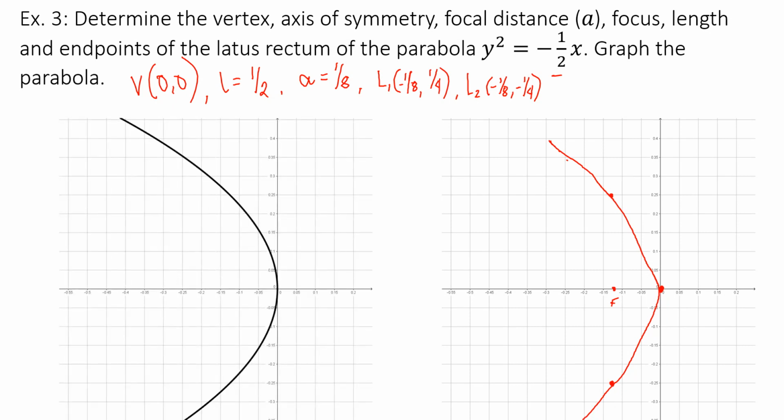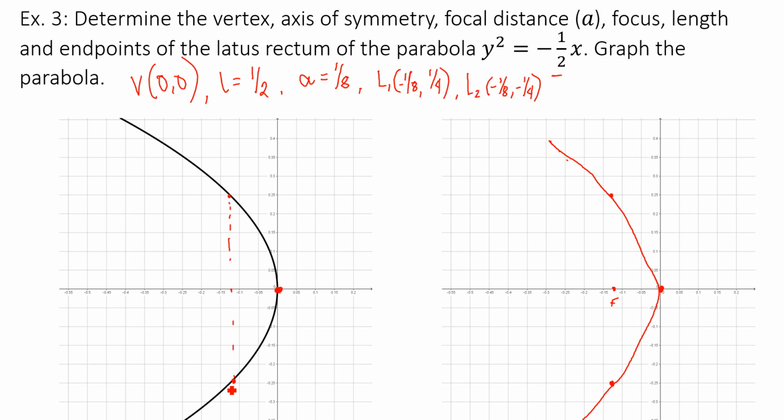We have the vertex, and then it passes somewhere here. Are they just the same? Okay, so we have the correct graph.